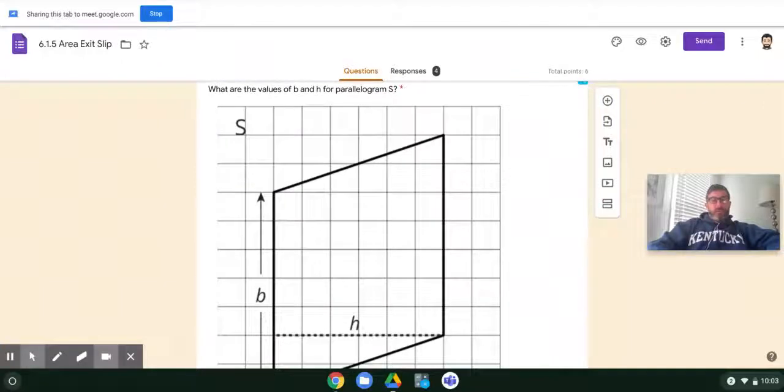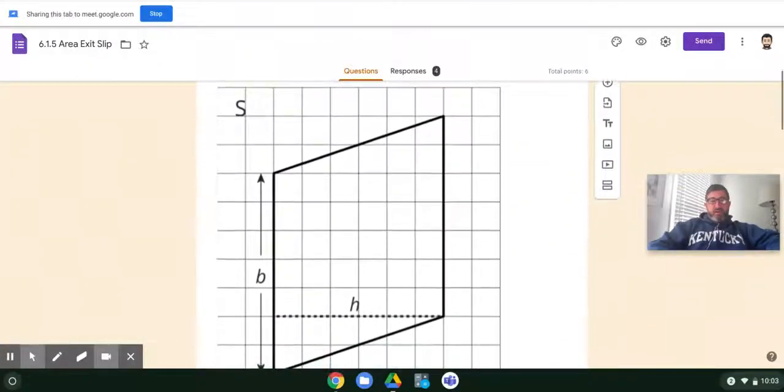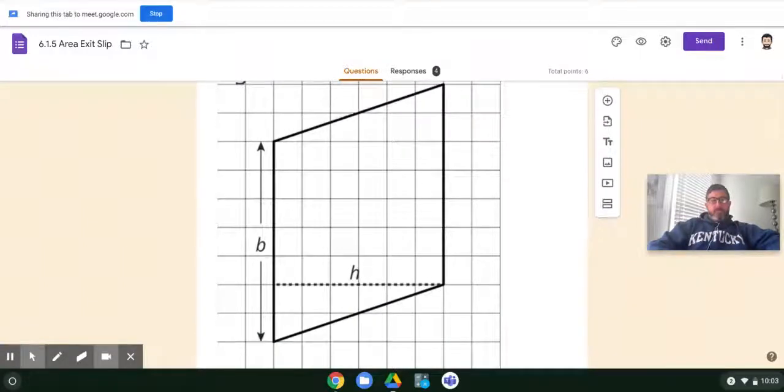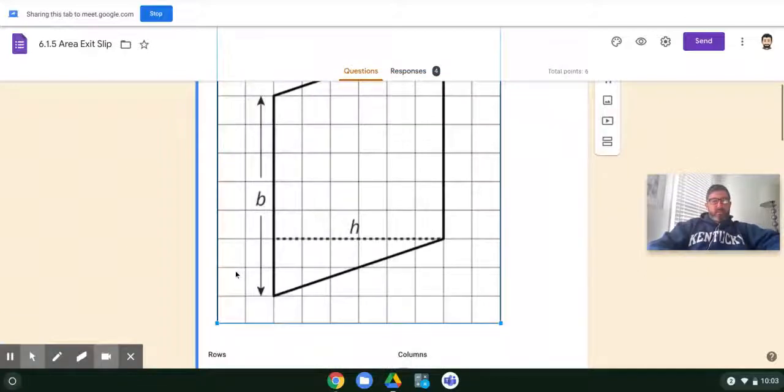So Linus, do you want to help me find the base and the height for this parallelogram here? All right, so first we'll find the base, B. So how long is the base there? Can you tell me?